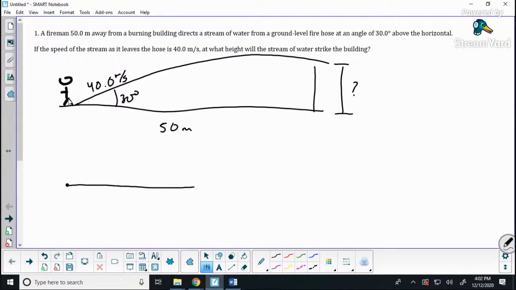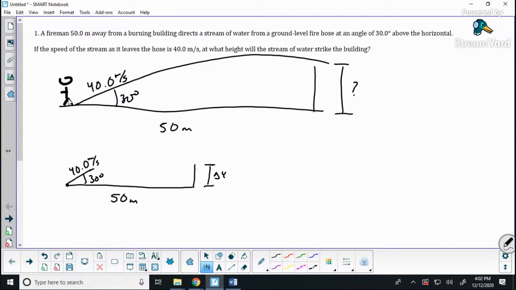It's going to travel 50 meters to some type of building, and it leaves at an angle of 30 degrees with the velocity of 40.0 meters per second. I want to know delta y. We are dealing with the y-axis, so everything's going to be delta y within our equations dealing with that. Anything along the horizontal would be delta x.